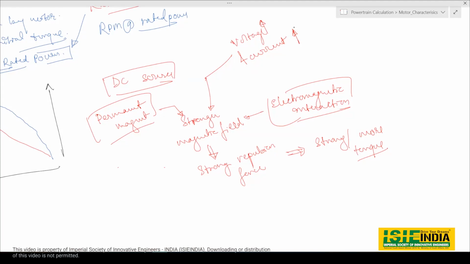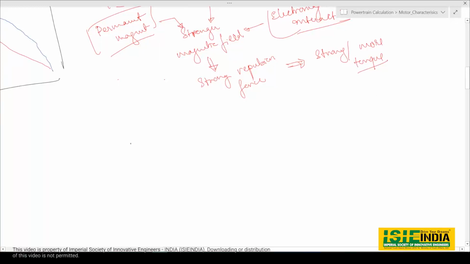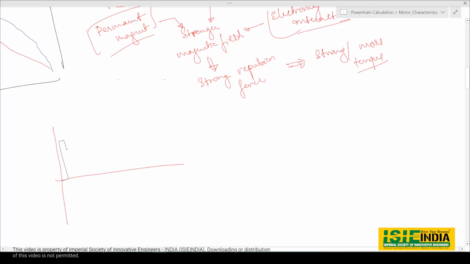Yes, sir. Okay. So in short, if you manipulate the voltage or current, you can easily manipulate the torque, right? Similarly, now in case of BLDC motor, BLDC motor works by sending DC pulses, okay. In BLDC motor we send DC pulses, right?